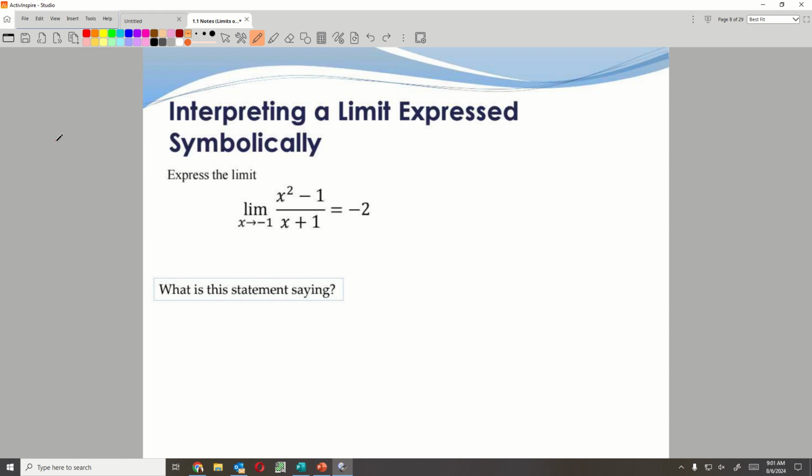Mathematically, in the limit process, this is going to give me a hole, because in the entirety of the function I still have to include the whole thing. But since I'm going to cancel this out, this is going to give me a hole. And since I cancel that, now I'm asking for the limit as x approaches negative 1 of x minus 1, which is going to give me negative 2. So this is one of the processes we're going to go about doing.